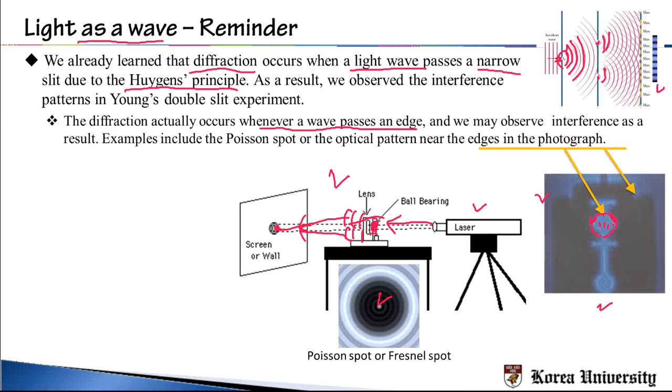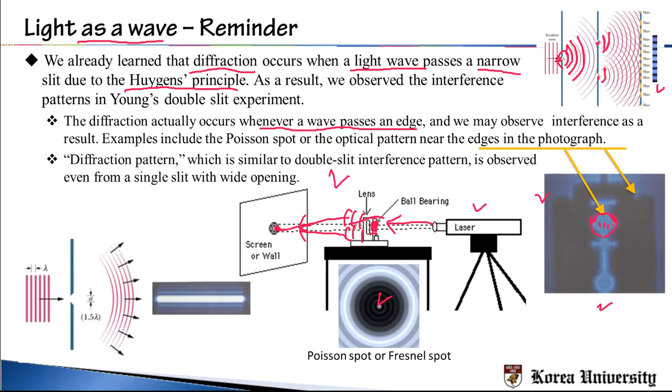Okay, so this is actually the case, and therefore what we are going to learn in this chapter, based on this idea, is that this diffraction pattern also appears in the case of a single slit with a wide opening.